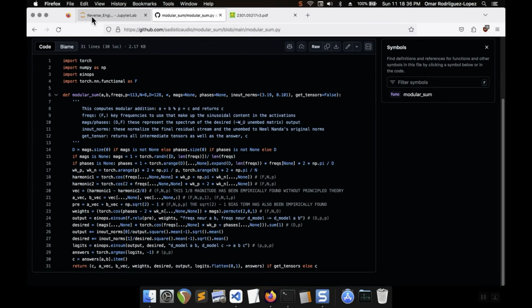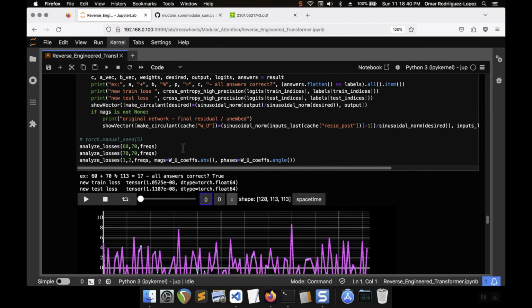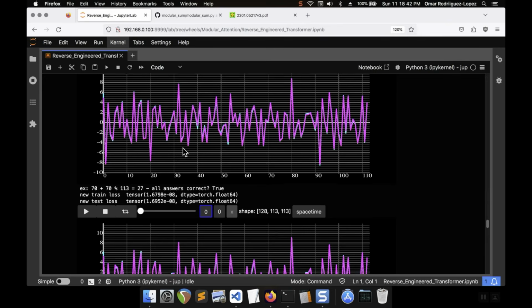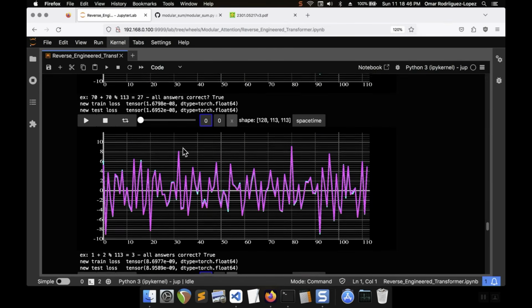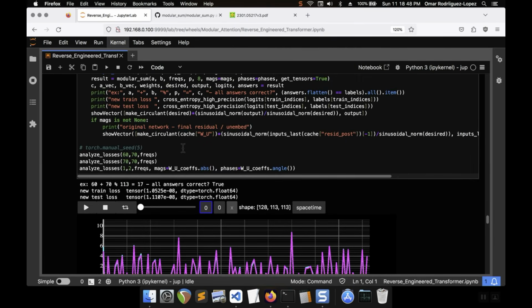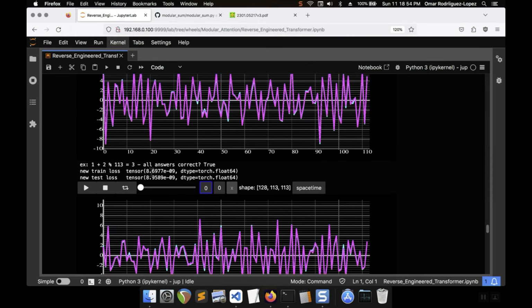But it gets really good loss when you compare it to 1e-8. So now this third example is compared against the original network. And this is interesting. It gets a very low loss, lower than the model.